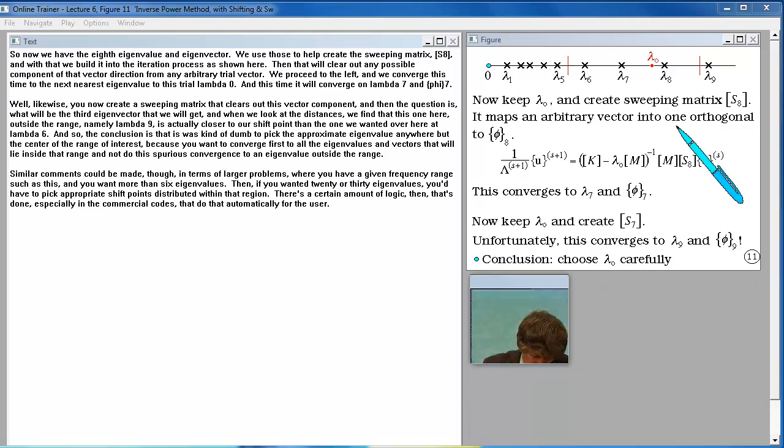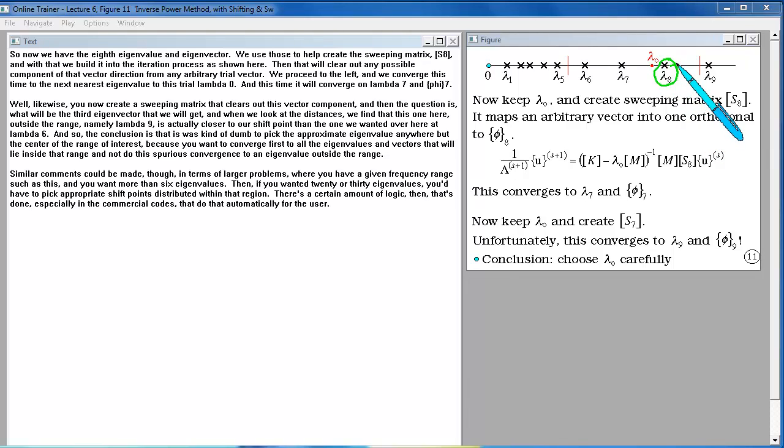We use those to help create the sweeping matrix S8, and with that we build it into the iteration process as shown here. Then that will clear out any possible component of that vector direction from any arbitrary trial vector.